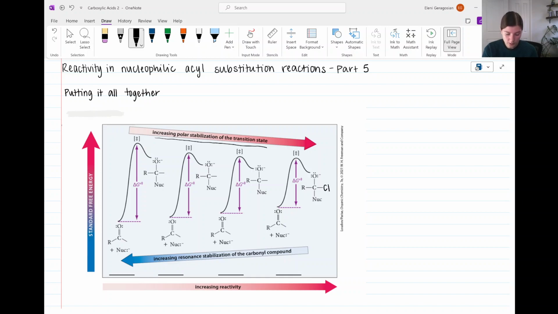Then slightly more stable due to polar stabilization are the anhydrides. So we can add this to the transition state structure. Next is esters, and next are the amides. So amides have the least amount of polar stabilization of the transition state, so they have the highest energy transition state.